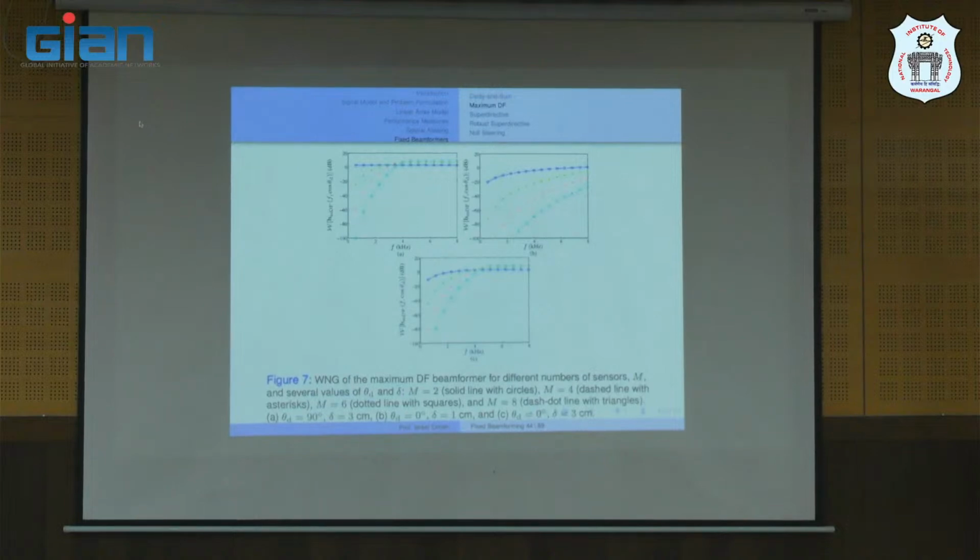Robust optimization means that we make assumptions, but then the assumptions are not fully correct. Here, when we designed the maximum directivity factor beamformer, we assumed only diffuse noise. But in a practical environment, we also have thermal noise. And because the white noise gain is so low, it can come to minus tens of dB.